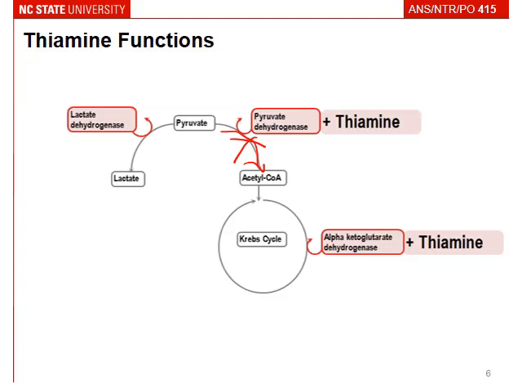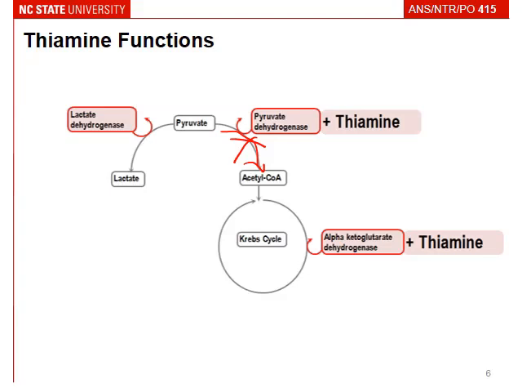In order to bring our pyruvate to lactate, we need lactate dehydrogenase, which thiamine is also required for. So basically, you're going to end up having an abundance of pyruvate within the cell.